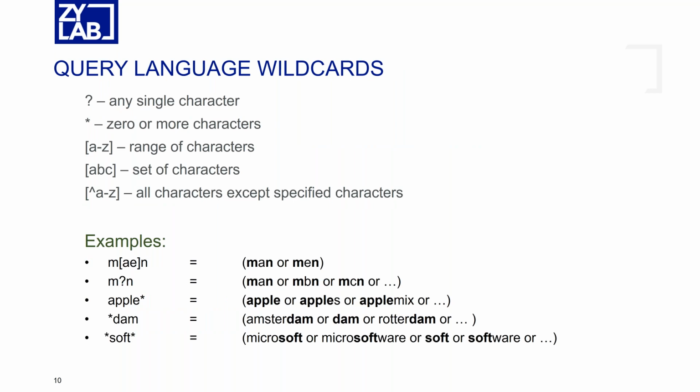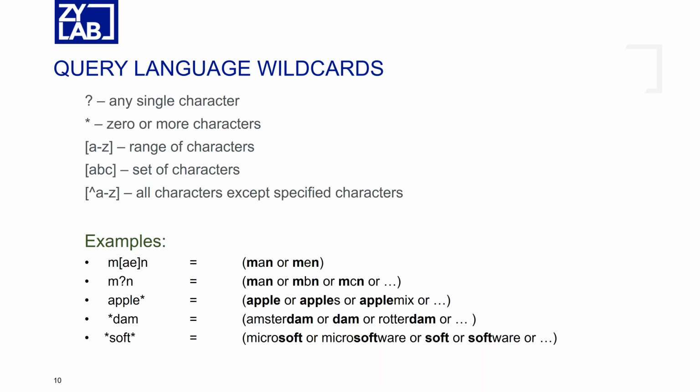Now, important to understand are some of the wildcard options that we have. We have the asterisk, we have the question mark, but also, and some people don't know that well, is that we can also use a range of characters.